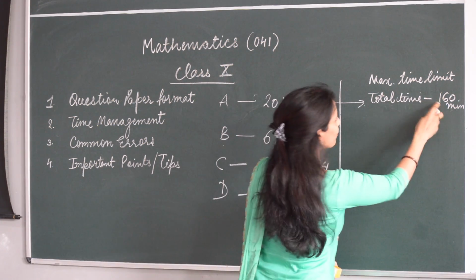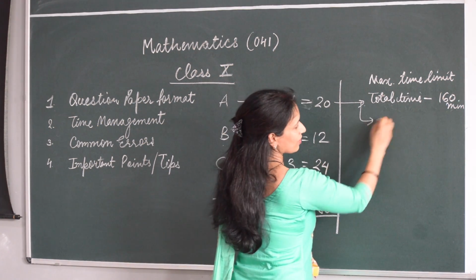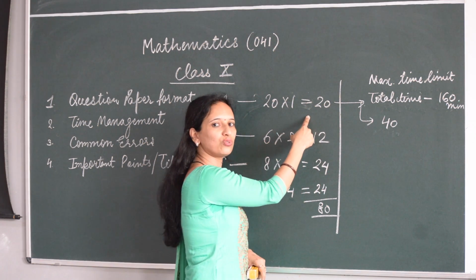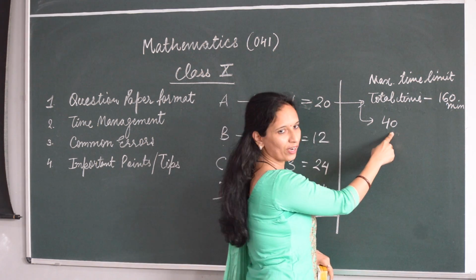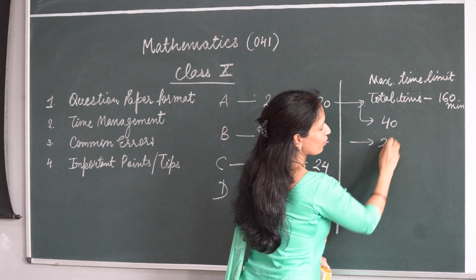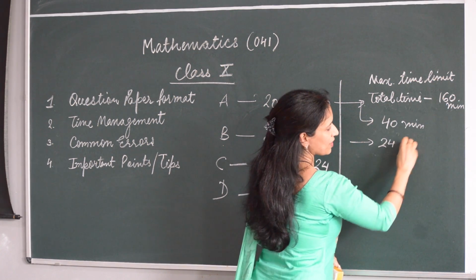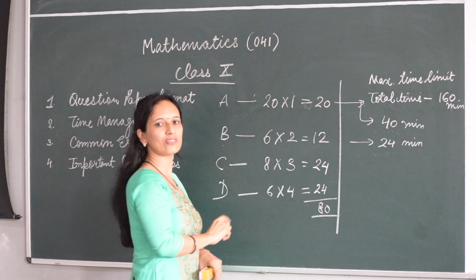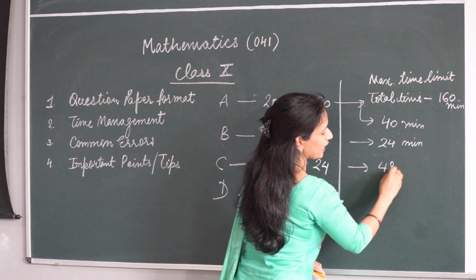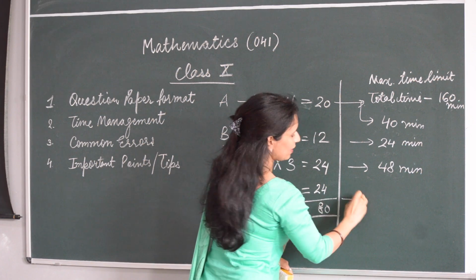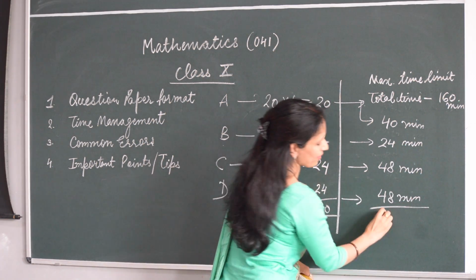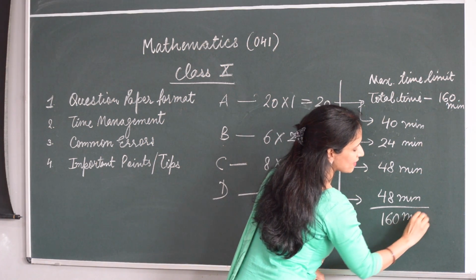The first section must cover 40 minutes at the max. One question will take 1 to 2 minutes only. Accordingly, you can devote 24 minutes for section B. That means 3 to 4 minutes per question. In section C, you can devote 48 minutes, and for section D also 48 minutes at the max. This makes your 160 minutes.